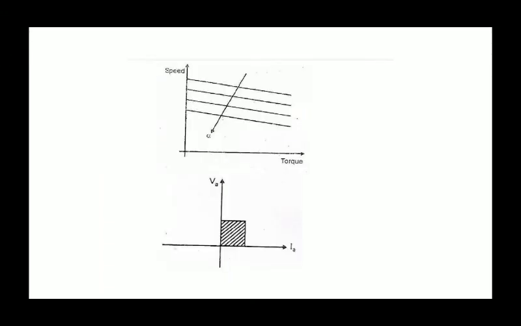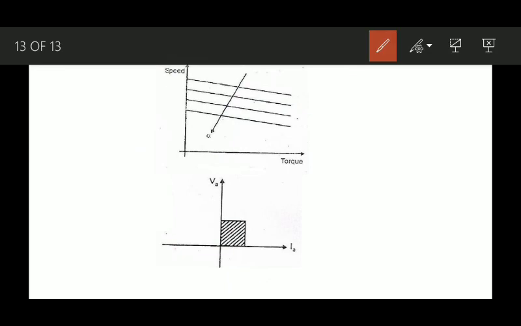You can see here the graph between speed and torque. When alpha is less, speed is more; when alpha is more, speed is less.